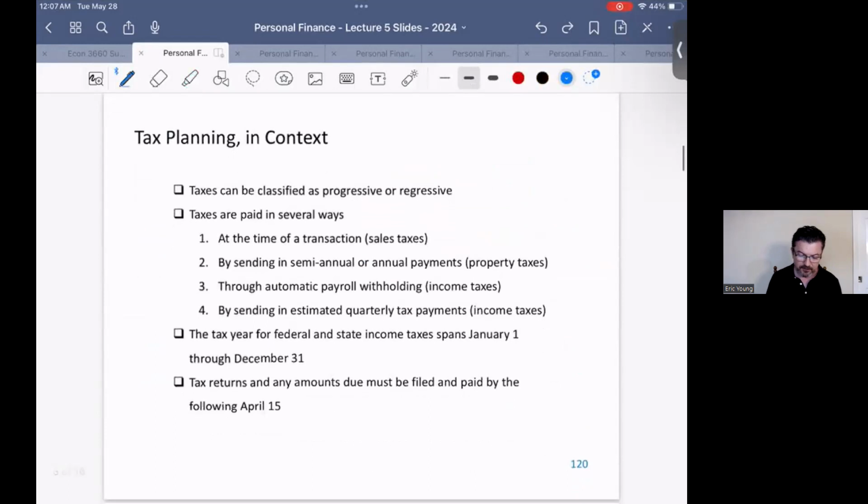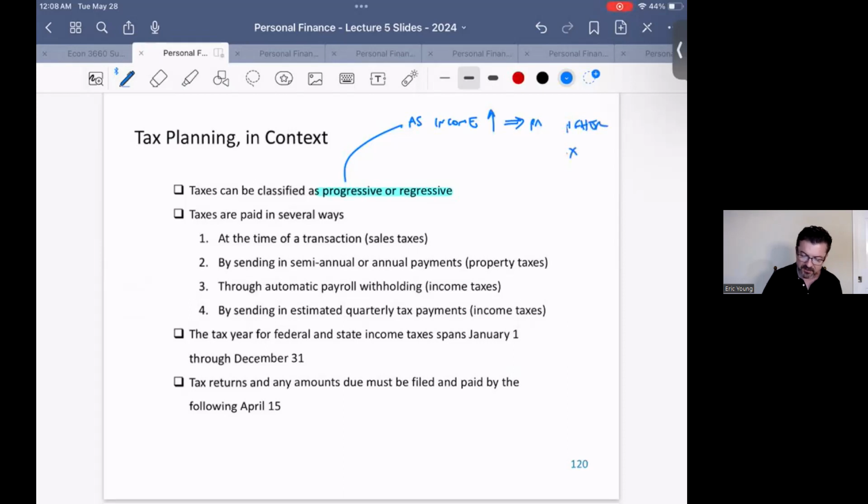Now, moving forward, it's important to understand that through the lens of economic theory, taxes can be classified as either progressive or regressive. What does this mean? Well, a progressive tax means this. With the progressive tax, as your income goes up, you pay a higher percentage tax.